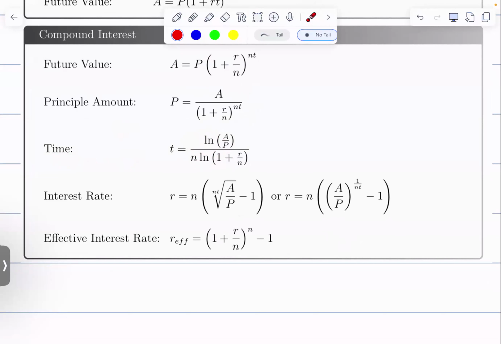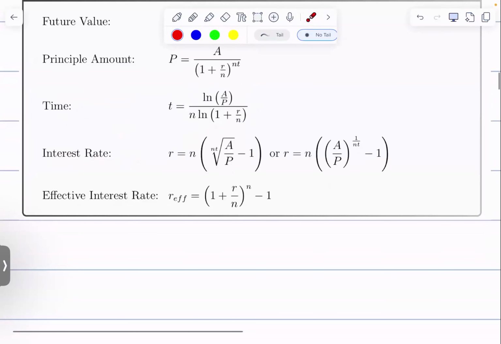And then finally, we solved for R, the interest rate R, which is n times the nth root of A over P, and then minus 1.